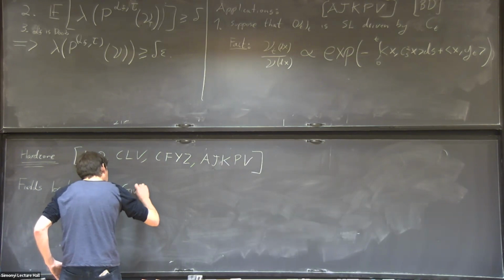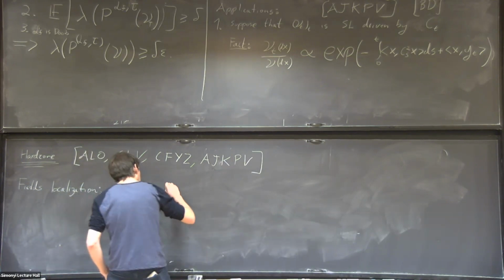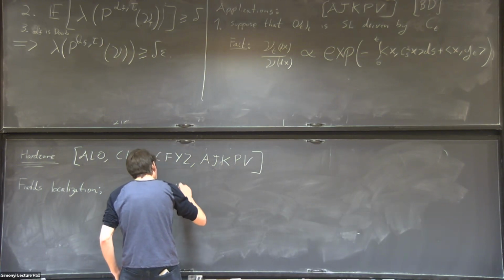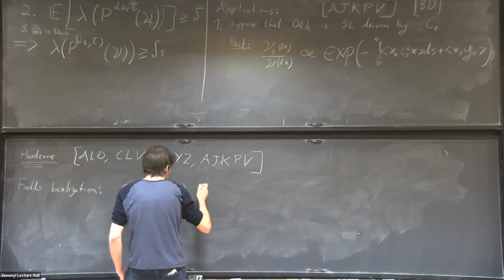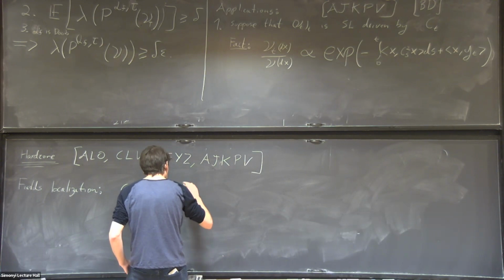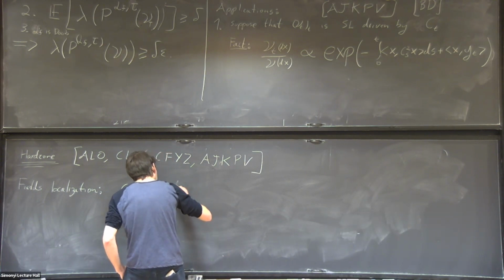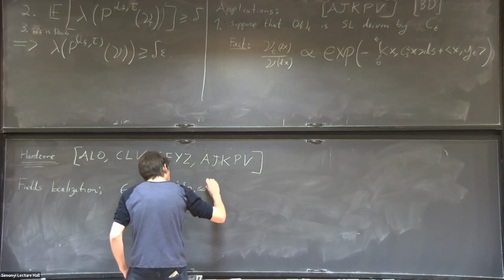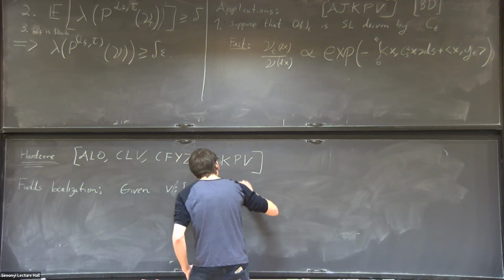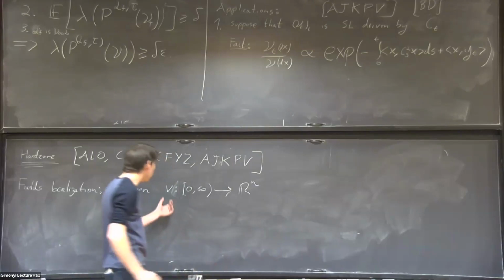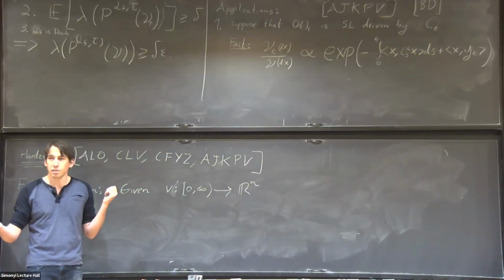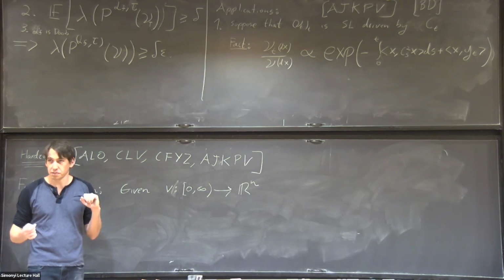Given a deterministic function v of t, from the time axis to R^n, I'm thinking about it as a deterministic curve of external fields.